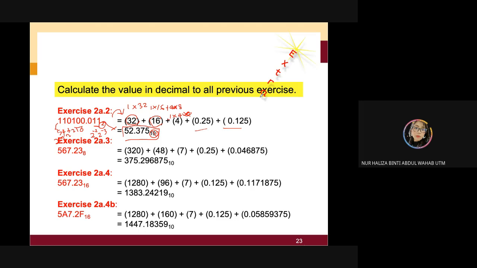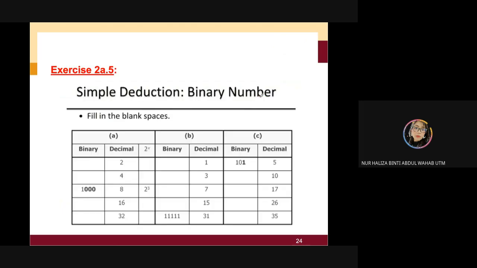There are several exercise questions here. You can screenshot and then try to play around with all the numbers later by yourself. Okay, this one is basically the example. You can just fill in the value inside.